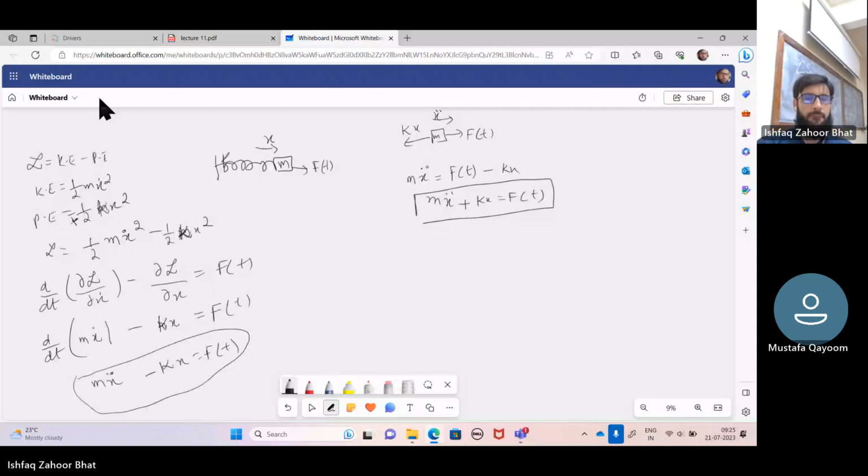Oh, we have missed one thing. So it is positive. The potential energy associated with the spring is 1 by 2 kx square. It is positive. But the place where we made the mistake is this. So partial L upon partial x is not kx, it is minus kx.